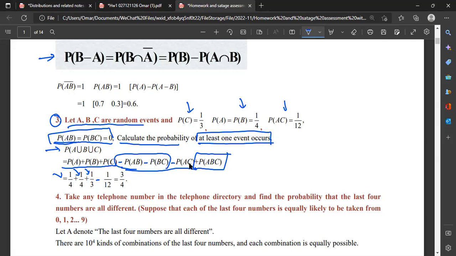And P of AC is 1 by 12, so here is minus 1 by 12. And then plus P of ABC.